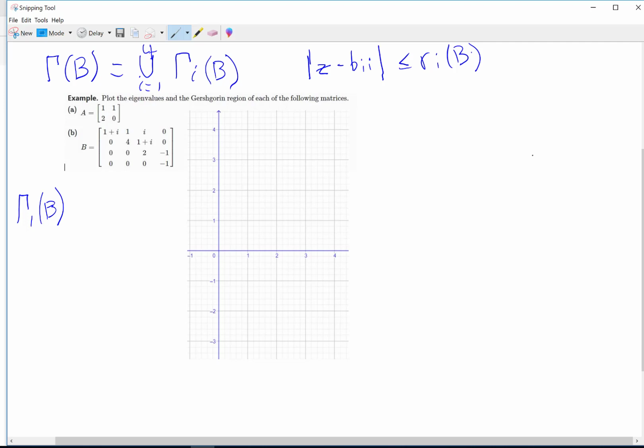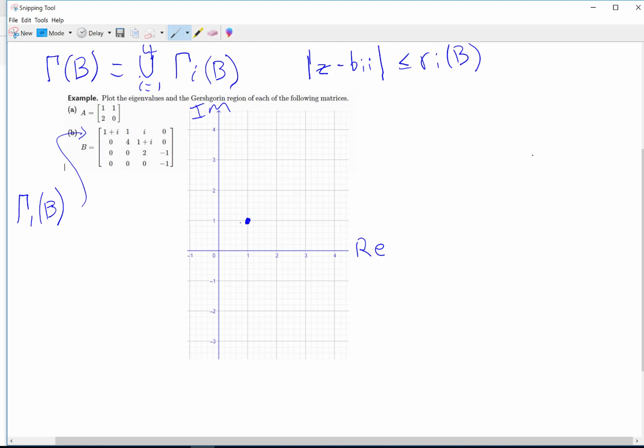So for gamma 1 of B, let's look at row 1. And we need to plot 1 plus i. And again, this is the real axis and this is the imaginary axis. So when we plot 1 plus i, we go to the point 1 comma 1.